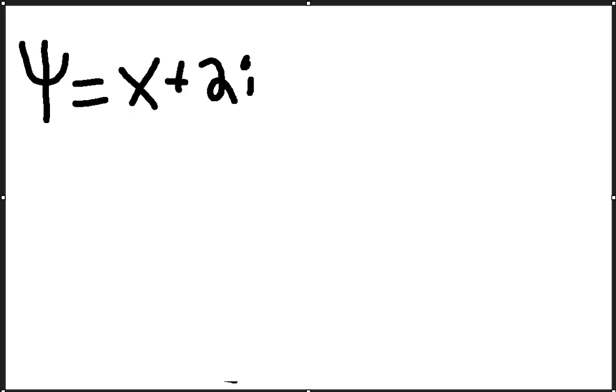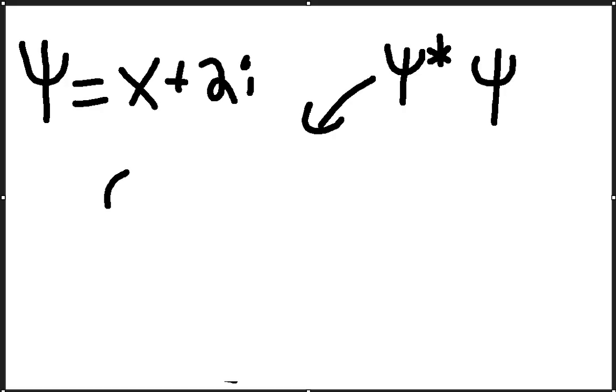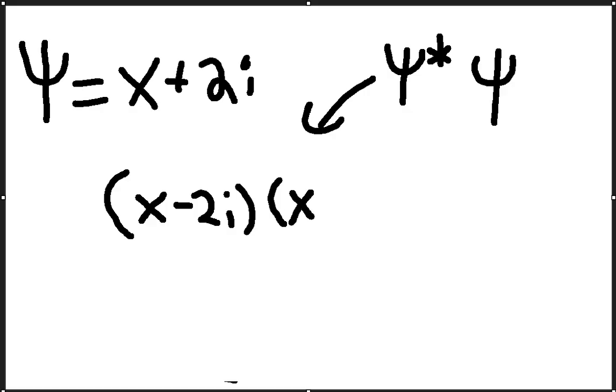Instead, we'll now consider psi times psi star. What this would look like is x minus 2i times x plus 2i.